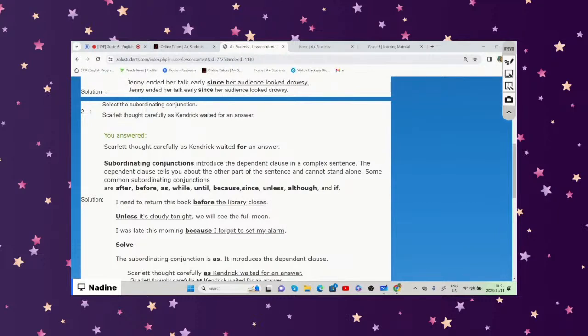So we now need to select the subordinating conjunction or the dependent clause within that sentence.